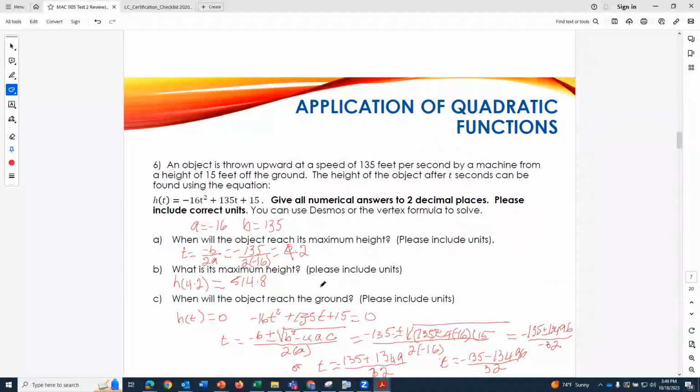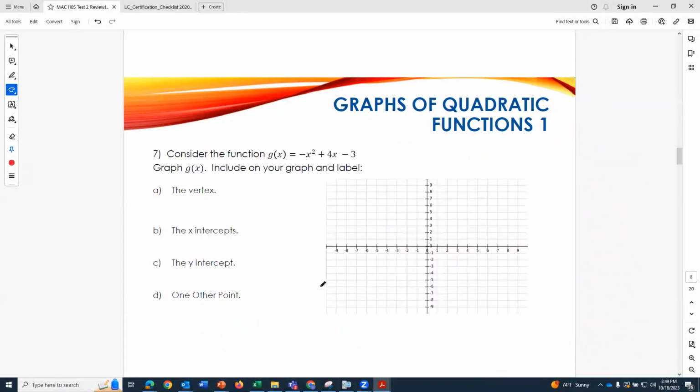And next, we have the function negative x squared plus 4x minus 3. They ask us to graph this one, find the vertex, the x-intercept, the y-intercept, and find one other point.